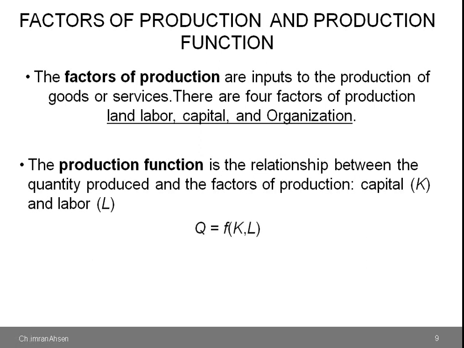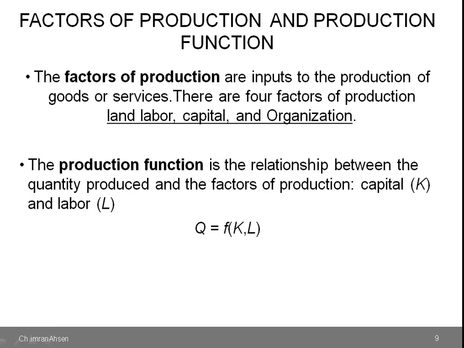Production function is the relationship between the quantity produced and factors of production. What we are inserting and what we are getting out of it, that relationship is called production function. So Q is a function of K and L. K represents capital and L represents labor.